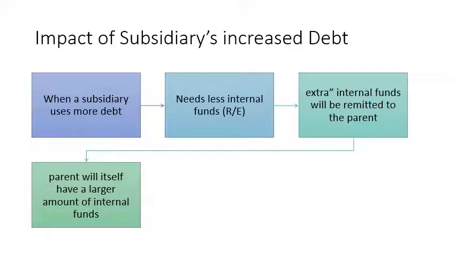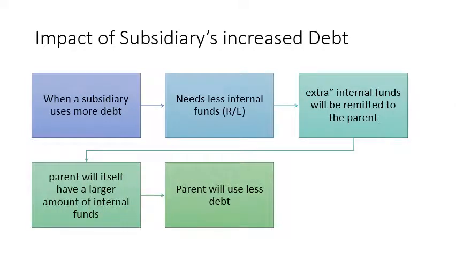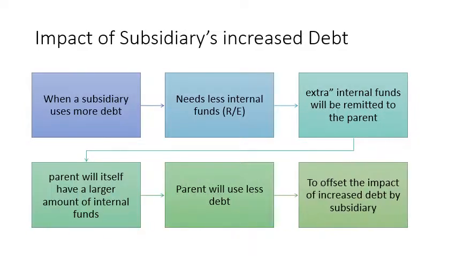The parent will itself have a larger amount of internal funds and will use less debt to support its operations, to offset the impact of increased debt by the subsidiary. In other words, because the subsidiary may have more financial leverage than is desired for the multinational company, the parent may use less financial leverage to finance its own operations in order to achieve its overall or global target capital structure.